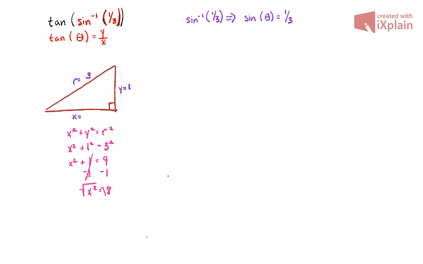I'll take the square root of both sides, and I get x is equal to plus or minus root 8. Now at this point, you usually would want to clean up your radical here, but let's save that to the very end. It might actually save us a little bit of a headache if we wait until we do our final presentation. But my main issue now is that I need to decide, do I use the positive root 8 or the minus root 8?